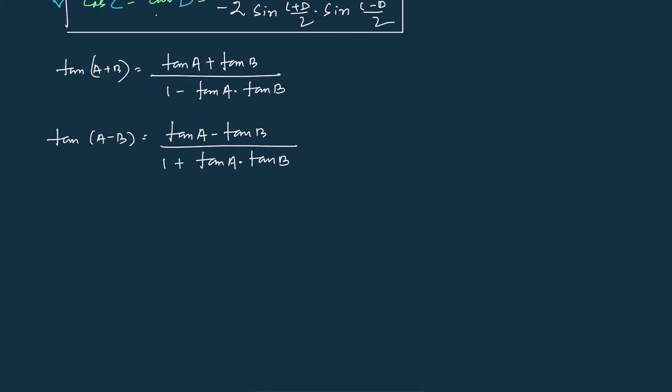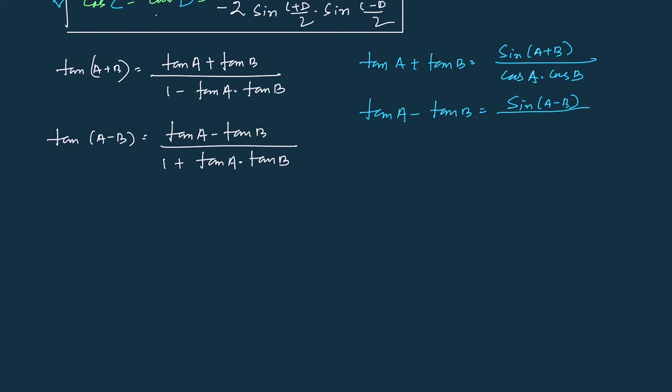So now the tan A plus tan B formula will be sin(A plus B) divided by cos A into cos B. Similarly, the tan A minus tan B formula will be sin(A minus B) divided by cos A into cos B.